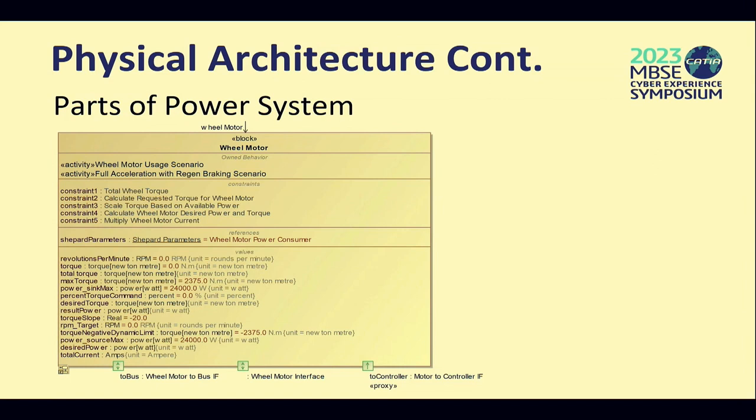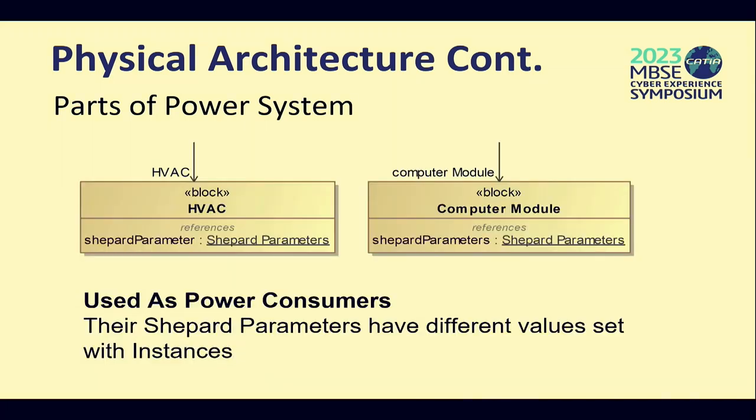So it was a matter of simplifying the simulation. We do have a value property that shows the number of wheel motors, and we use that, but it's a lot easier for the simulation to calculate that once rather than 32 times. So that's why we avoided using multiplicities of the wheel motors, but there are things that are modeled, such as the power curves and the torque curves of these wheel motors, and we'll get into how that's done as well.